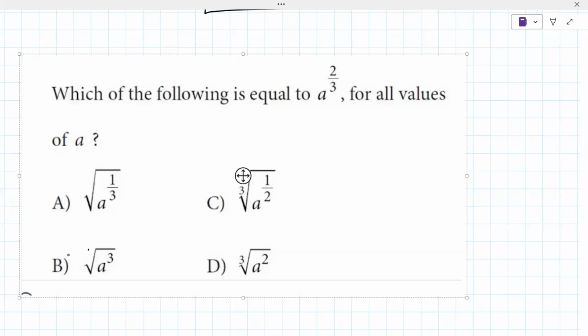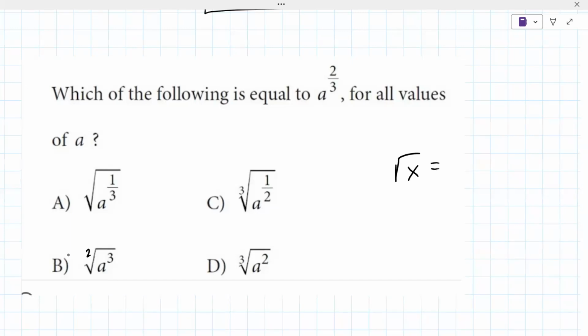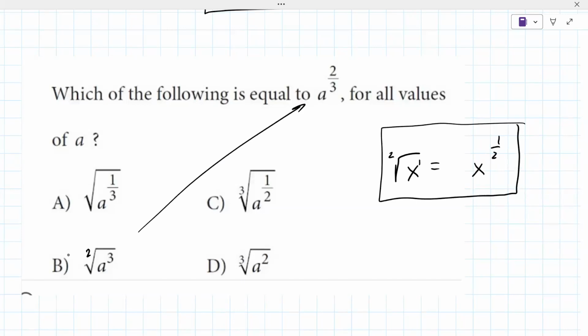Okay, so B has a 2 there. So you have to remember, that's why I always go back to this one. This is x to the 1/2 as my reference. Are these the same based on that reference? No. No, it's easy to get them mixed up. It is letter D. Right.